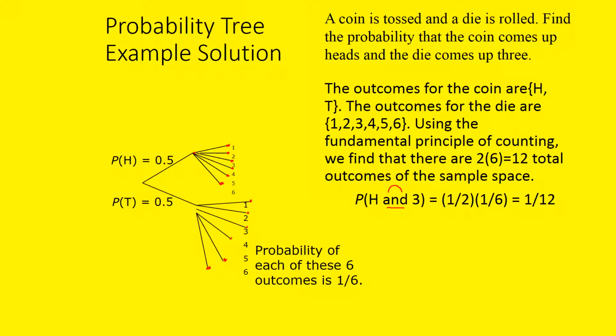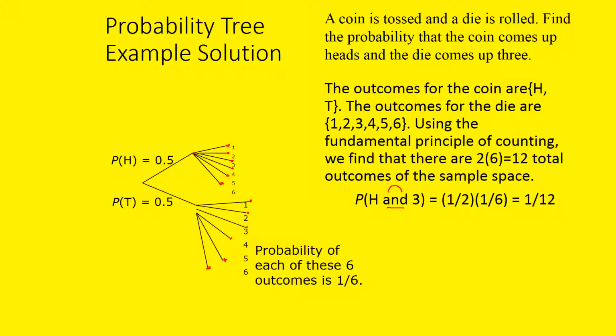The number that comes up on the die has nothing to do with the head or tail that you got from flipping a coin. It's not like there's a dependence there, as if you had a without replacement situation. And so we're just going to multiply the simple probabilities.